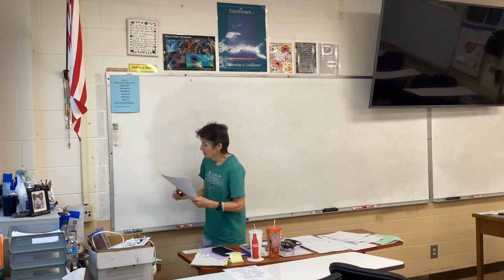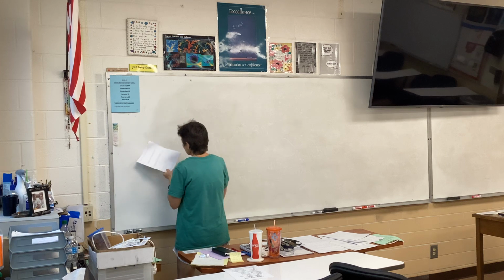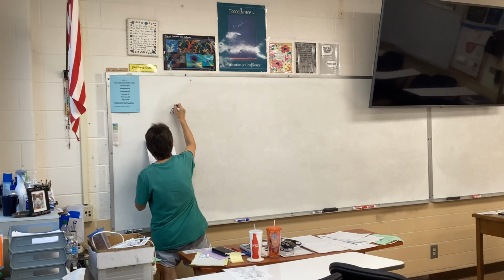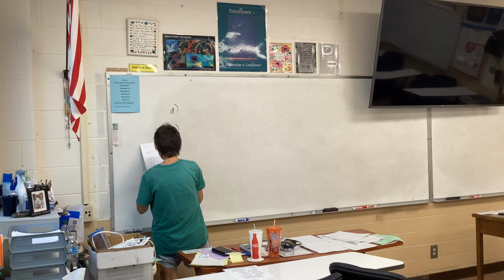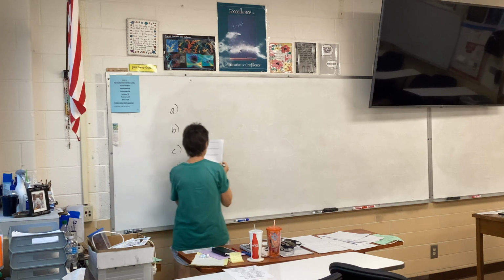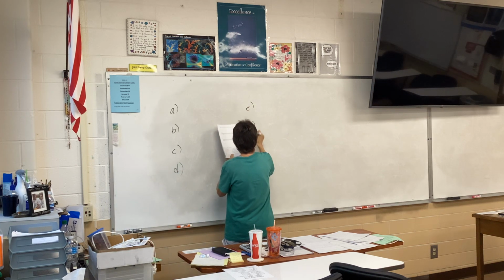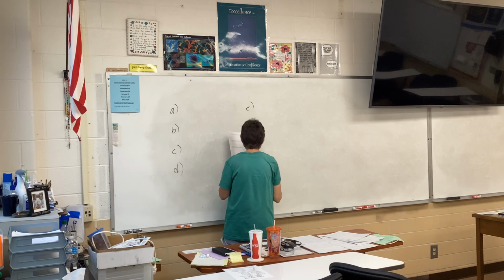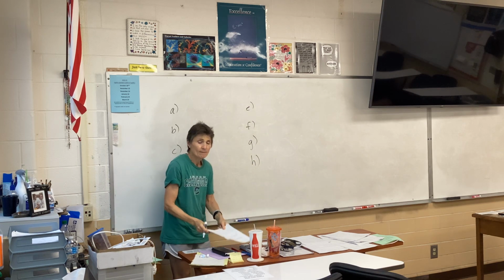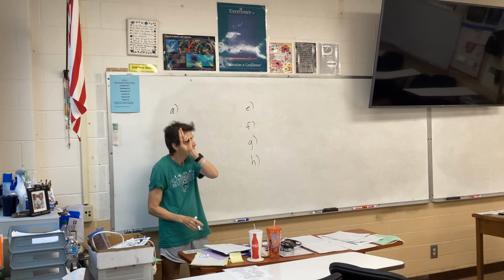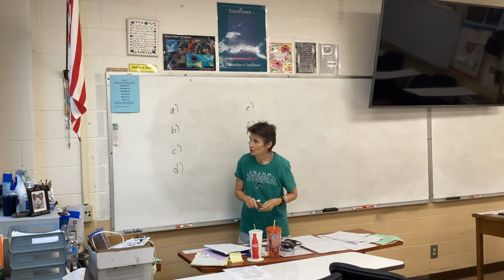So number one says, is it a polynomial function? Well, I think we've talked about this sort of thing before, but let's do it again and make sure that we've got these rules down. Is it a polynomial function?